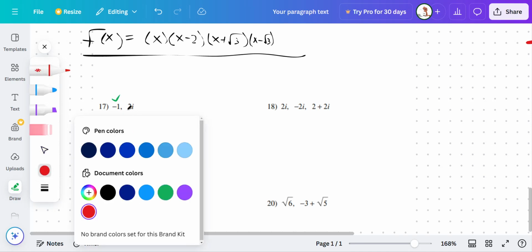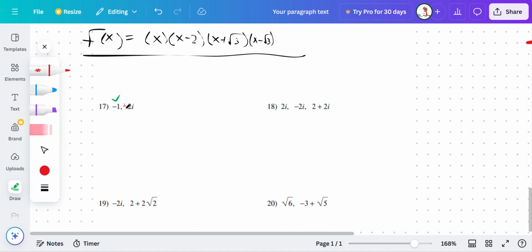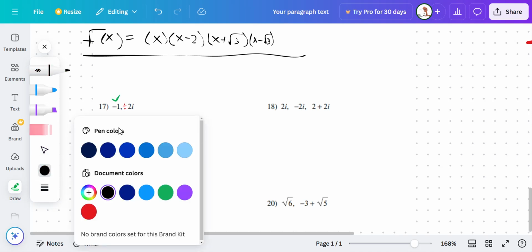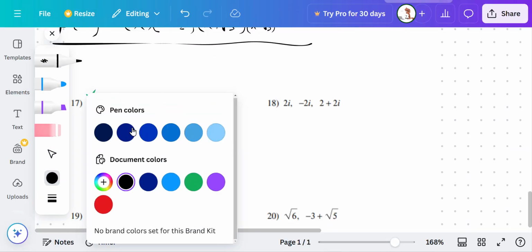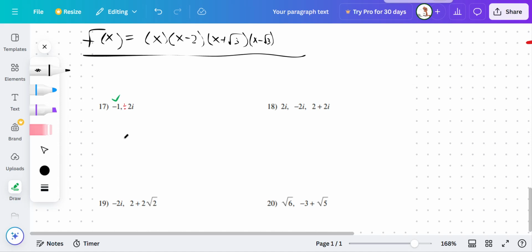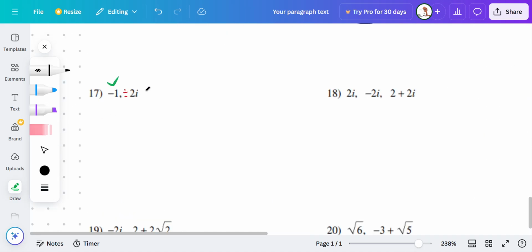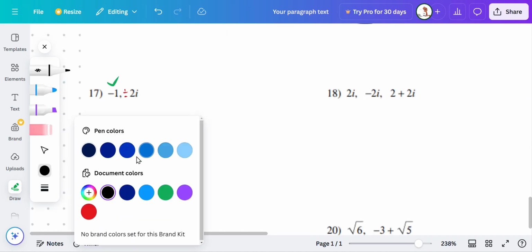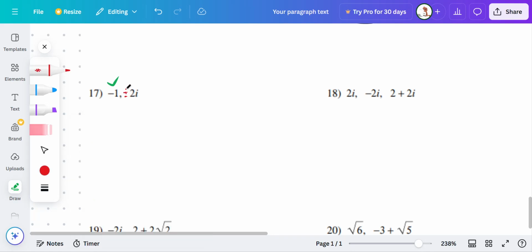Imaginary roots always come in pairs, so when we square rooted this, we should have gotten plus and minus 2i. So I have 3 roots. Negative 1, positive 2i, and negative 2i.